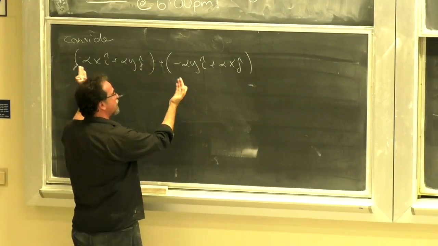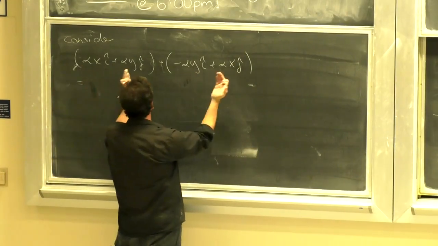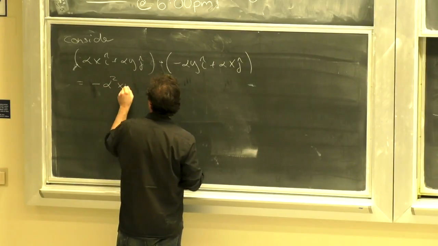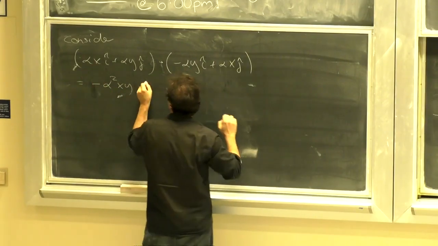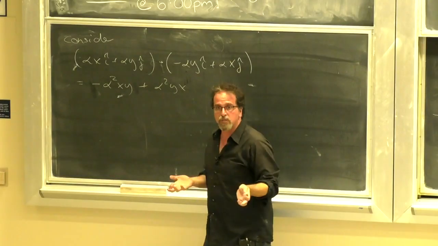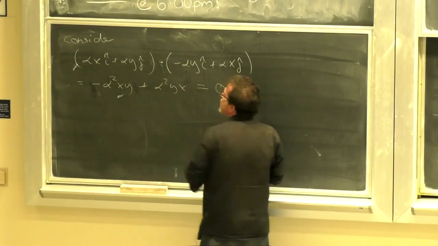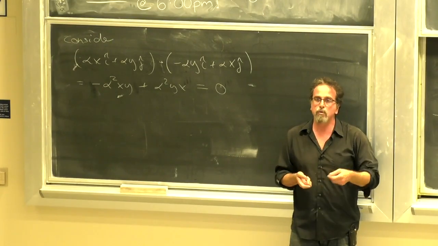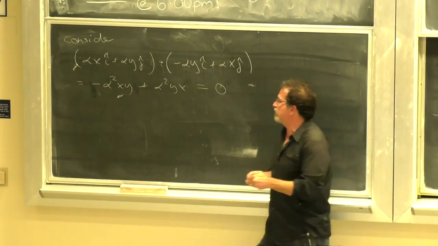When you take the dot product, it's first coefficient times first coefficient plus second coefficient times second coefficient. And this is clearly negative alpha squared xy plus alpha squared yx, which is equal to 0. It's not just 0 at any point. It's 0 for all values of x and y, which means these two vector fields are perpendicular.